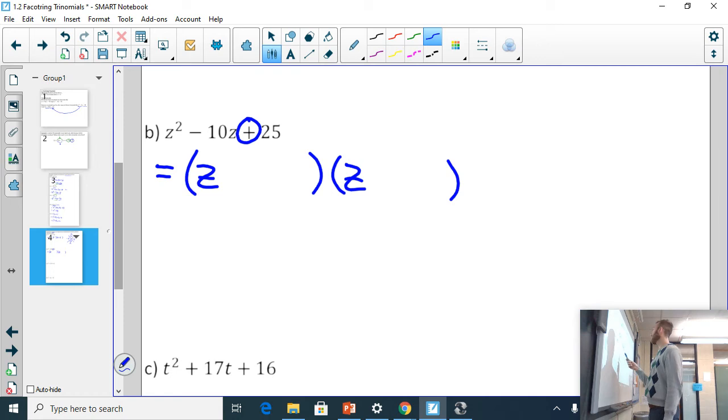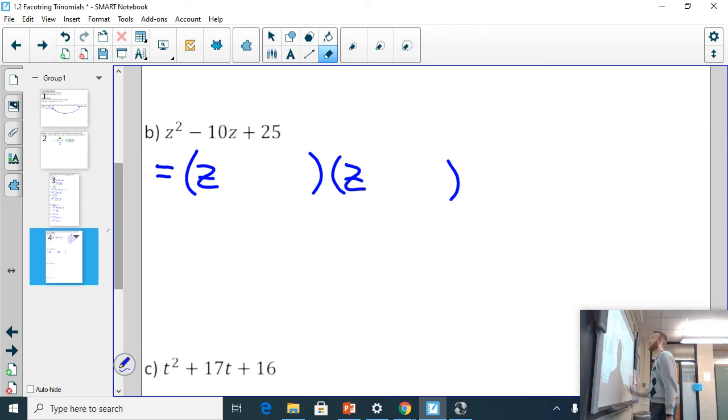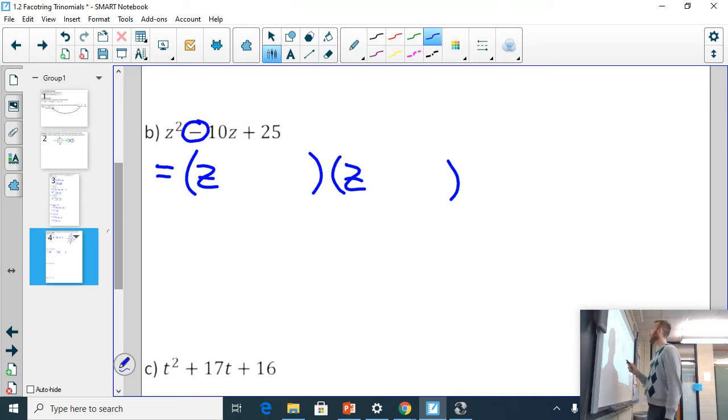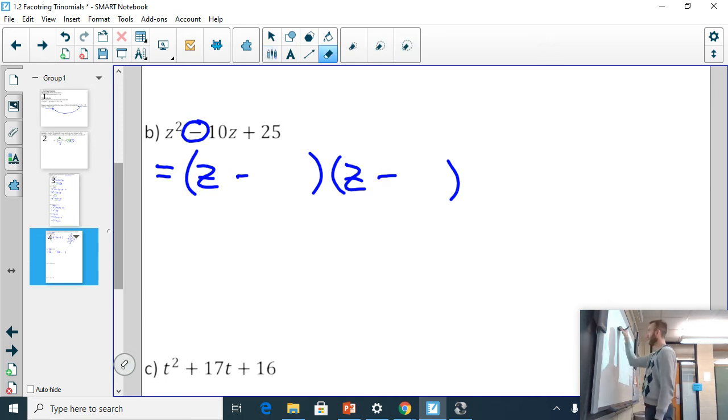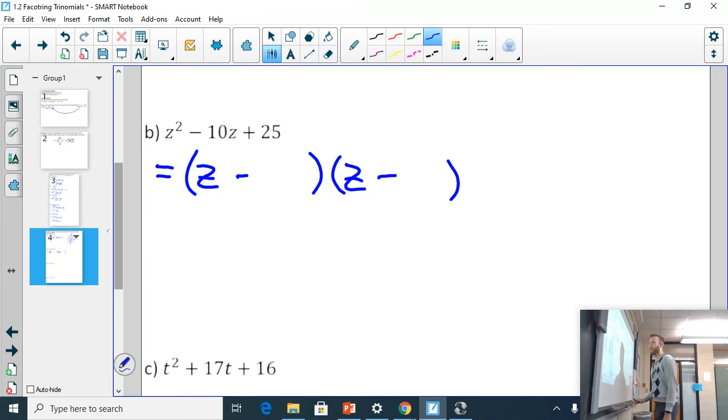That tells me that I'm either going to need a positive times a positive or a negative times a negative, right? And then how do I know which one it is? Well, this sign right here tells me that I have to add to a negative number, and there's no way two positives are going to add to a negative, so they both have to be negative. That's an extra step you can take if you want to be sure that you're getting the right numbers.